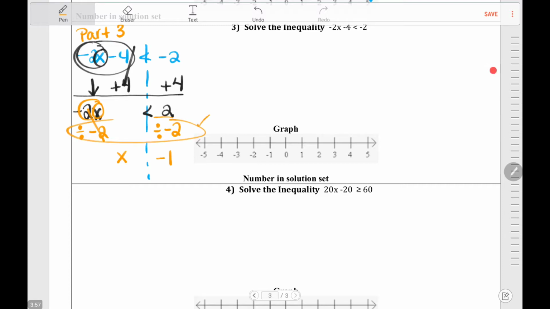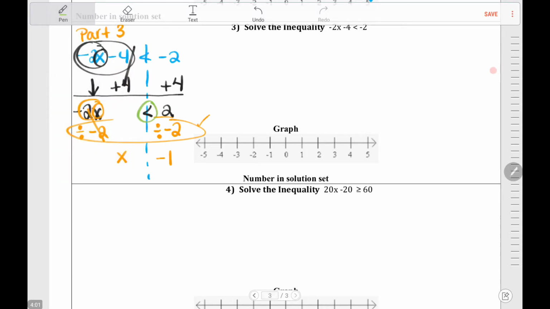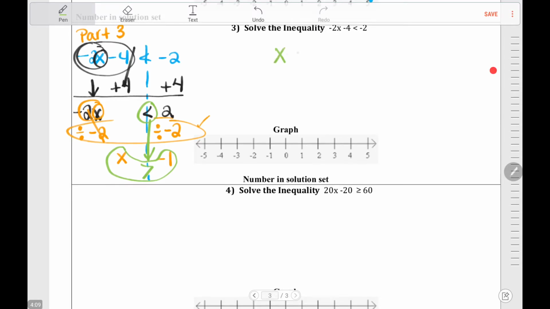Yes. So what has to happen with our symbol? It needs to change. Okay, so our correct answer is x greater than -1. Please go ahead and use your flow chart to graph the equation. So when you did that, you would see that it's greater. So it should be open and to the right.